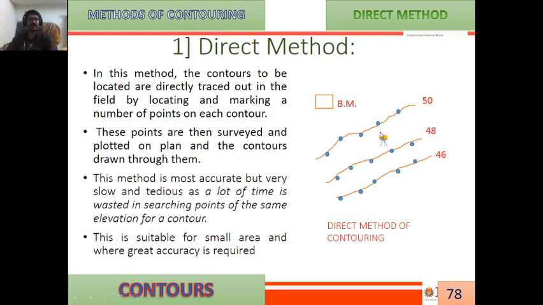But we need to consider what elevation points we require. Say for example we require the elevation points of value 46 meter, 48 meter, 50 meter only, right? From the standard benchmark and the height of instrument, if you require 50 meter, then if you subtract the staff reading from the height of instrument, you will get the RL of the particular point, that you know.